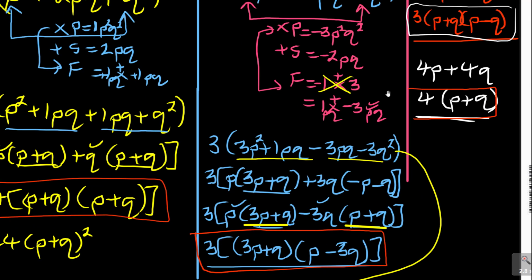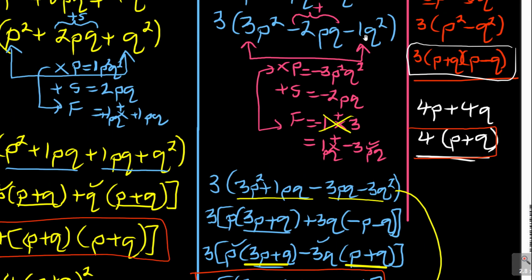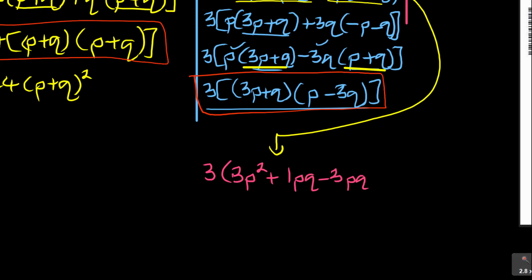You see, I put a 3, but I was supposed to put, there is a 1 here, 1q squared, so it's minus 1q squared. Then you do that. Then, what's common in the first two? We said put a big bracket here. What's common in the first two? 3p squared plus 1pq.